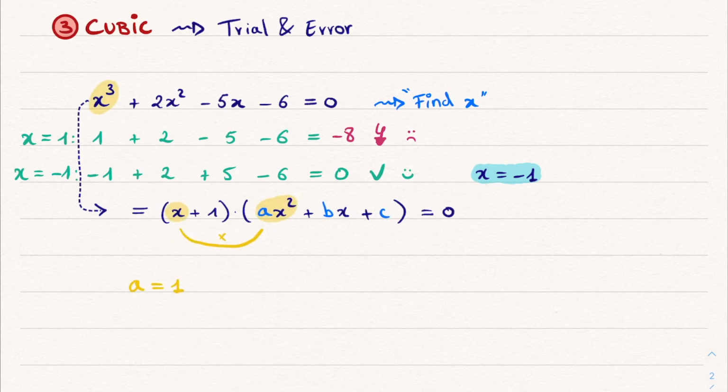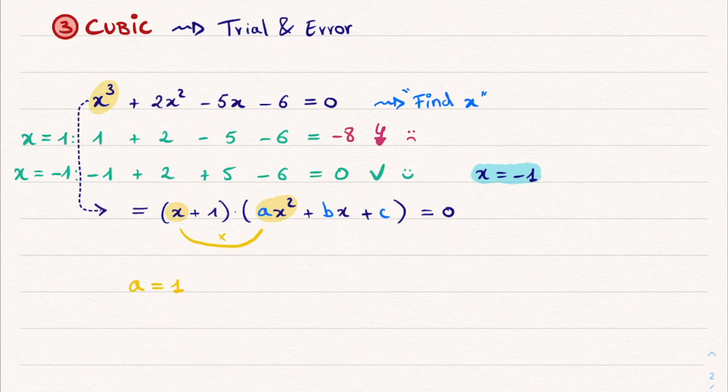For instance, the only way to obtain the x cubed term is to multiply the x in the first bracket with the x squared in the quadratic equation. Therefore, the coefficient in front of the x squared will have to be 1, since we need to have just a coefficient of 1 in front of our cubic term.